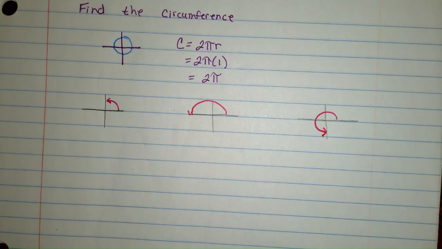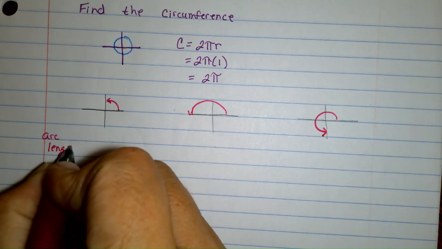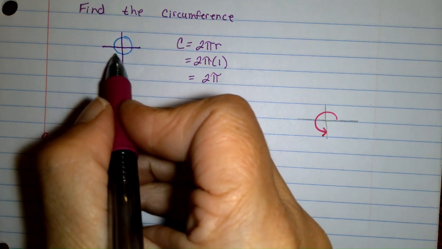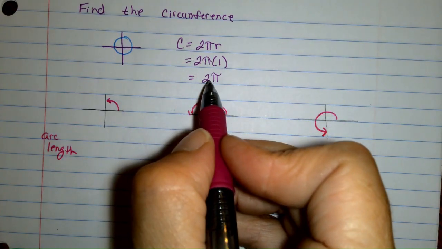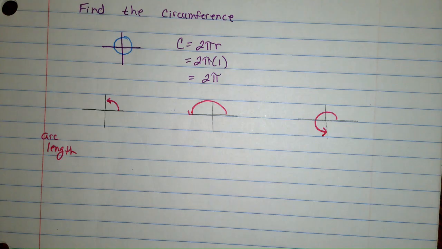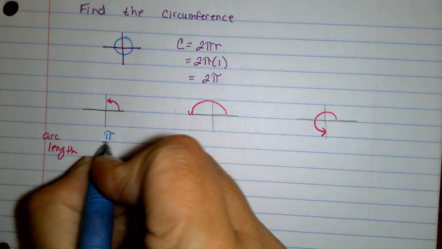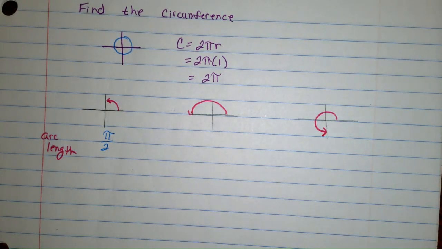What's the arc length? Well, think about this. If the full thing is 2 pi, what's a quarter of it? If we divide it into 4, we get pi over 2, because 2 pi split between 4 people, each person gets half a pi.